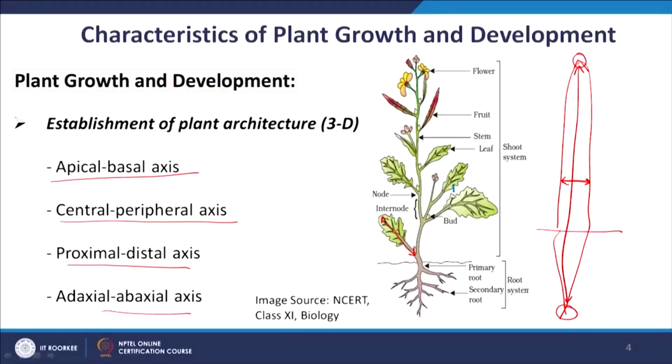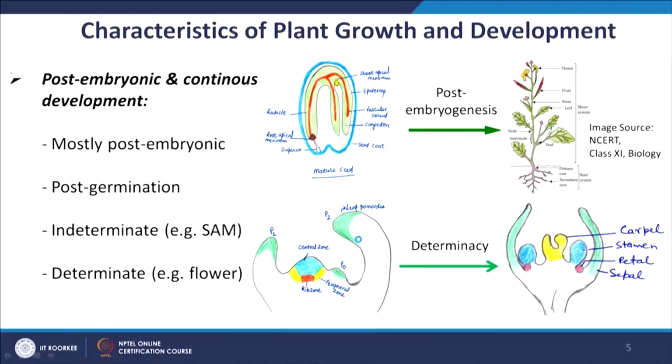The face which is towards the meristem is called adaxial, and the face which is away from the meristem is called abaxial. All this growth and development together occurs in all three dimensions, and this gives a proper plant architecture. Okay, so now we will come to the typical characteristic features of plant growth and development.